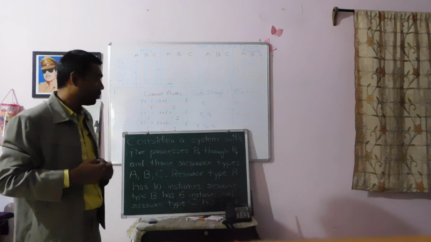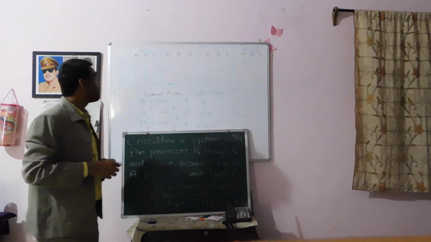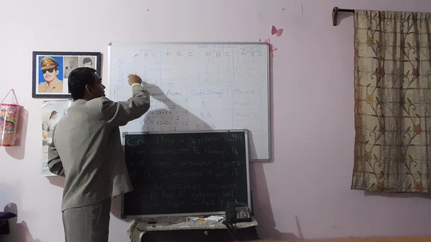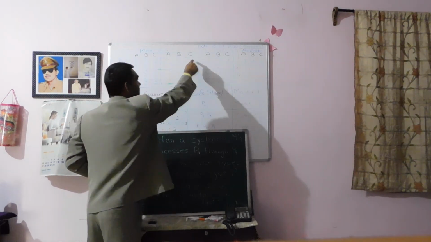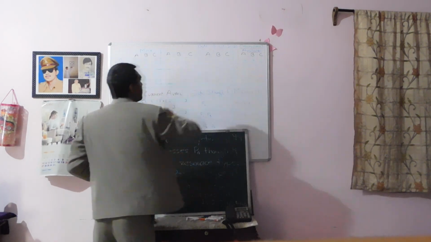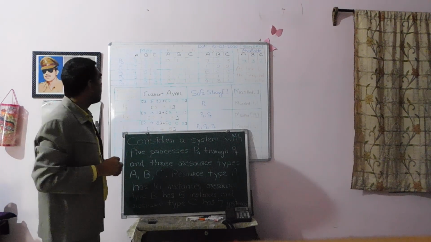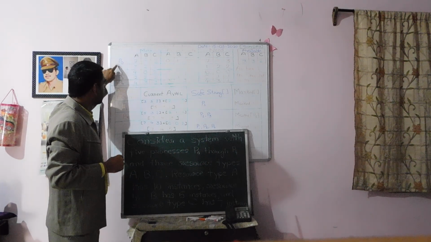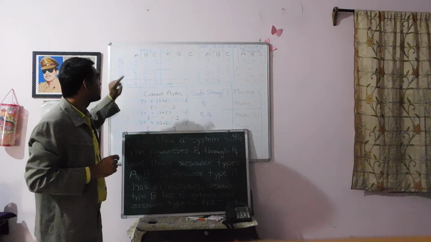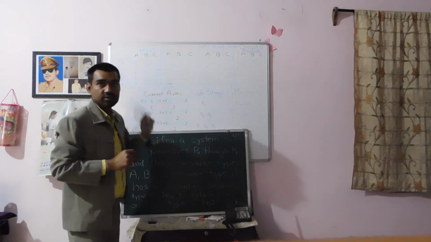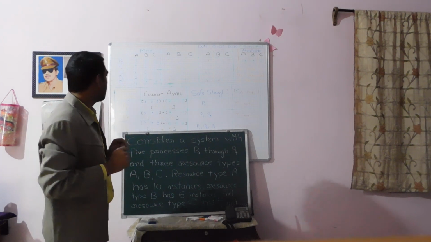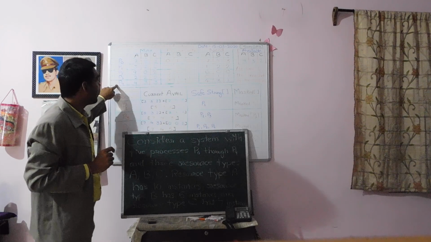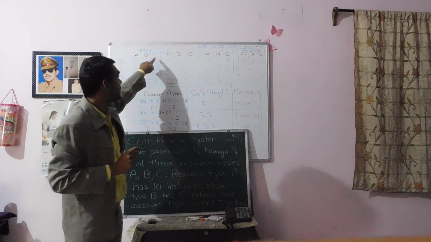I gave you the picturization that it is a matrix, so you can see the matrix is there, and P0, P1, P2, P3, P4 are specifying the processes, and A, B, C are the resource types. So the value of n will be 5 and the value of m will be 3.